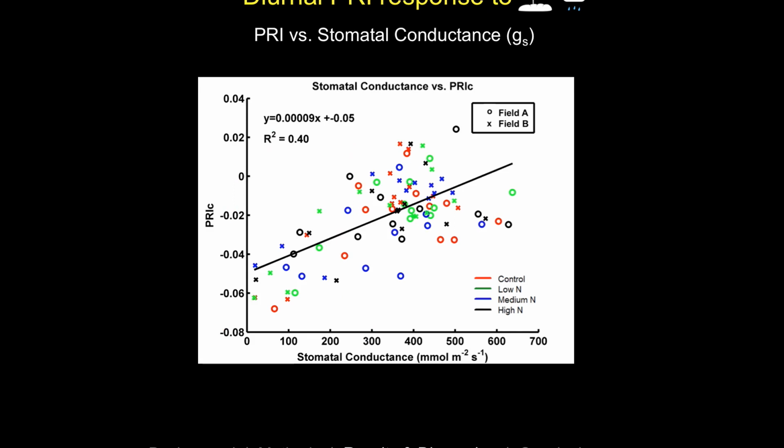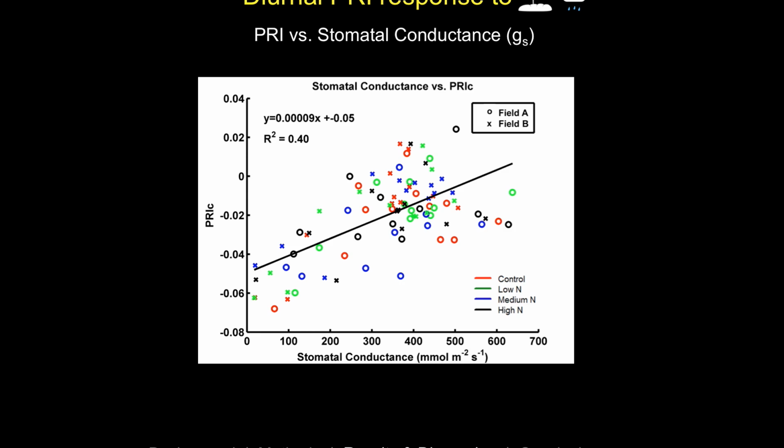But if we take stomatal conductance measurements taken throughout the course of a day, over several days throughout the season, we also see a fairly significant trend here with decreasing PRI-C measurements coincident with lower stomatal conductance. So as that sun ramps up throughout the day and we see stomatal conductance decreasing, that stomata is closing, we also see decreasing PRI-C values.